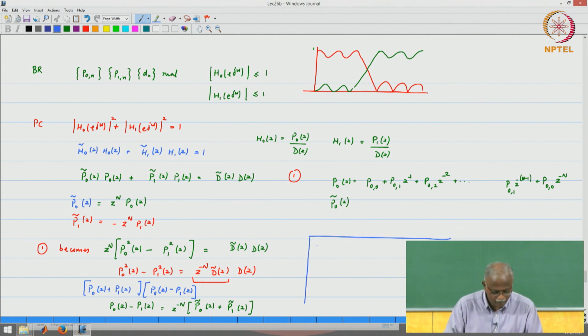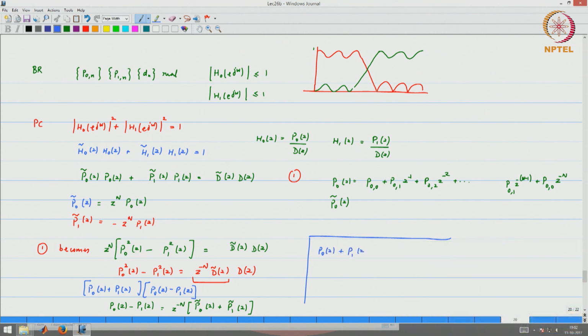Here it is, P0 of z plus P1 of z. This is a real coefficient polynomial, right? That is what we have assumed. P0 and P1 are real coefficient. So, that means if there is a zero at z0, there must be a zero at z0 star, z0 conjugate. So, these zeros cannot occur individually except if they are on the real axis. Anything that is not on the real axis must occur as a conjugate pair.